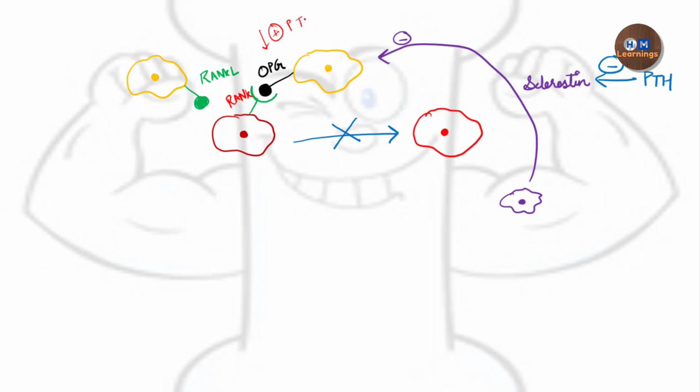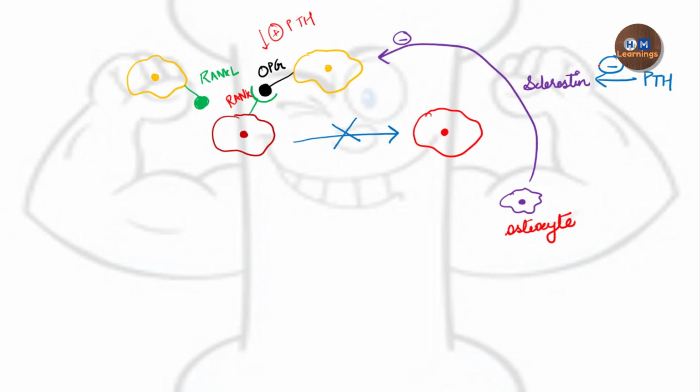Okay, so now what else is being done by the parathyroid hormone? This is one mechanism. The second mechanism is that this is an osteocyte, another cell present in the bone. Now what do these osteocytes do? Normally it secretes a chemical called sclerostin, and this sclerostin will act on the osteoblast to inhibit its function, to inhibit the expression of the OPG.